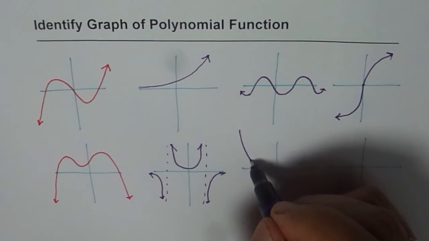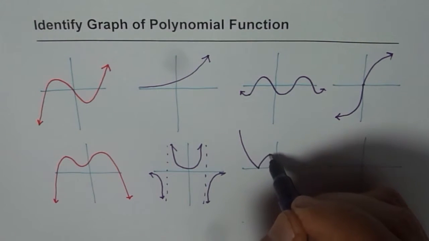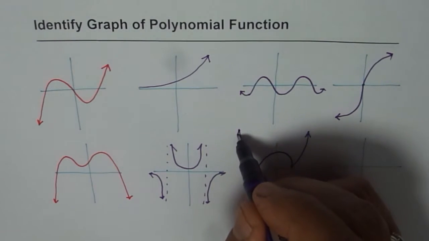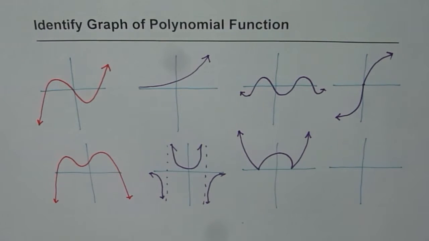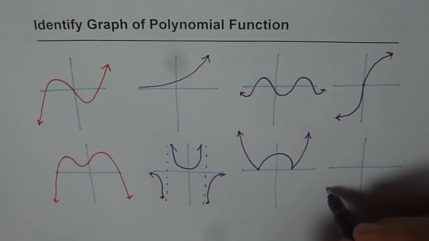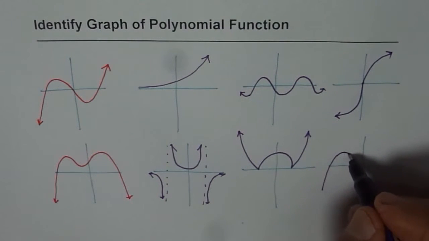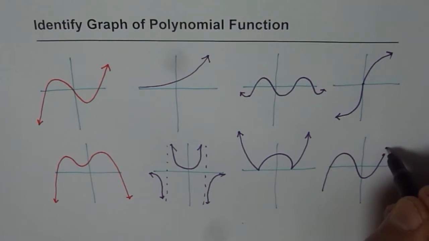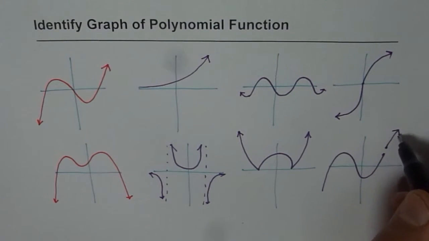So we have a function like this and we have a function like this and this. Whether this is polynomial or not, explain your thinking. Or we could have a combination of functions which is kind of polynomial here, and then we have a break here, and then it goes on.